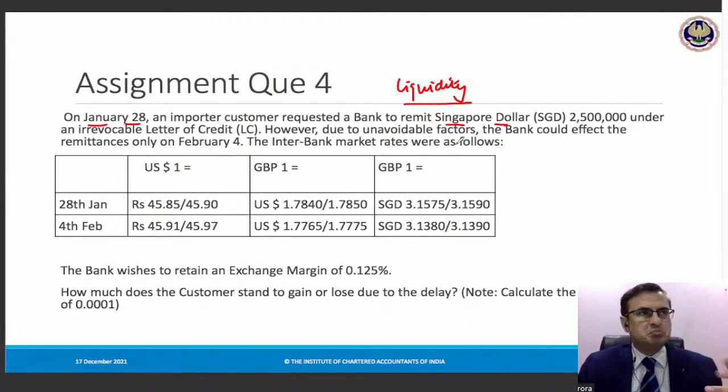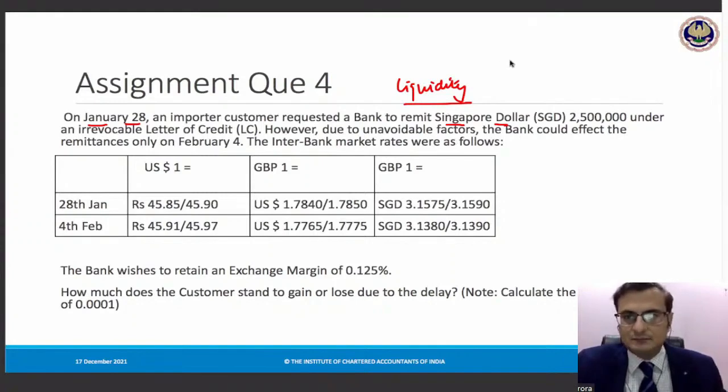Let's say India and Philippines, or India and Thai baht, are traded much less than India with dollars, euros or pounds. So when the currency is less traded and less purchased, the spread, meaning the difference between bid and ask, is a little wider. I'll just explain.